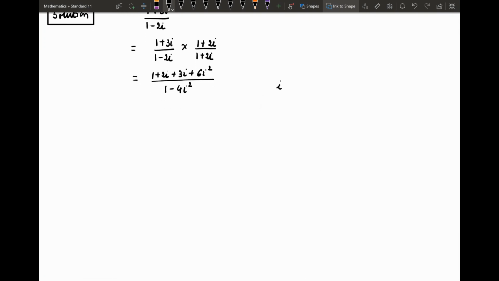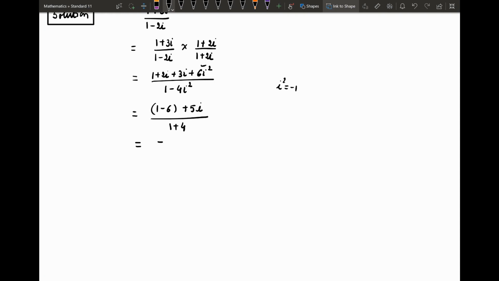Now we know i square equal to minus 1. So this is 1 minus 6 plus 5i. In the denominator, i square is minus 1, minus minus plus, 1 plus 4.